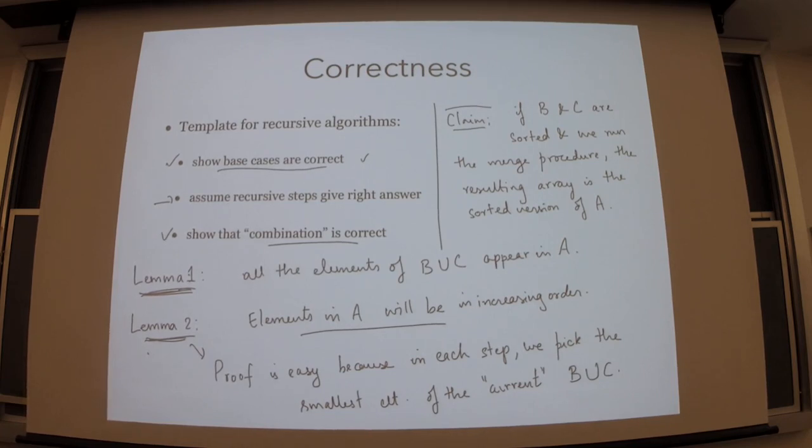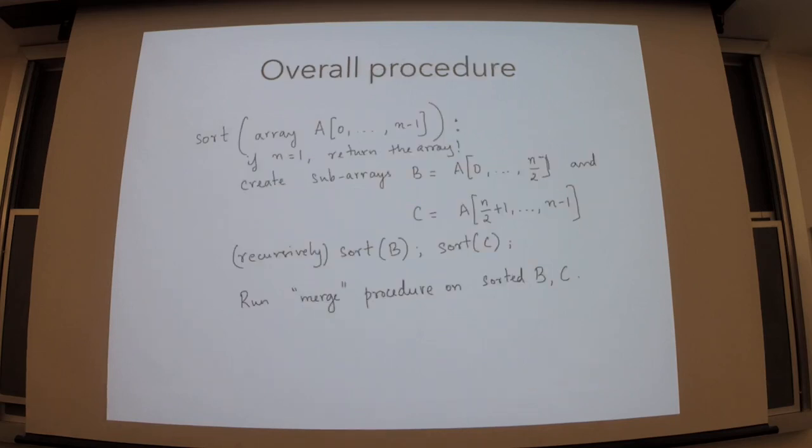Right. So the point is, how does a proof by induction go? It says that you assume the correctness for all instances of size strictly less than n. Assume that the overall procedure you have, which is the sort procedure. So let me be a bit more formal than that.